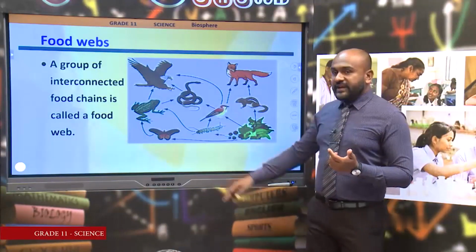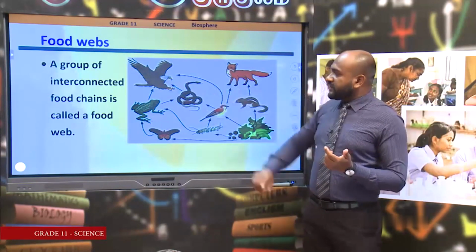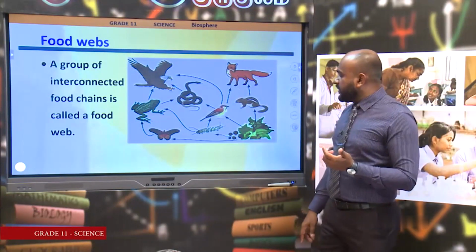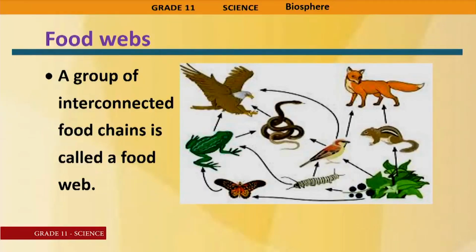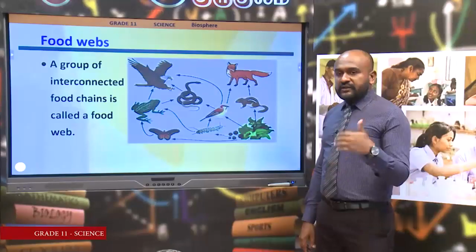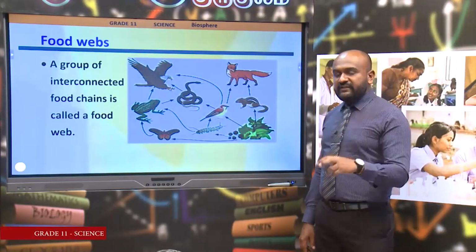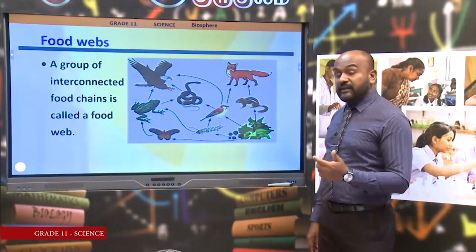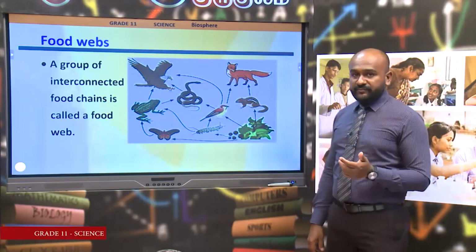So, now let us see what this food web is about. As I told you, a group of interconnected food chains is called a food web. Look at the food web on the screen. You can see there is a plant already, a food chain should start with a plant or a producer. It can be a plant product also, it can be a seed, or nectar, or a dry leaf, or a yam, or any plant product, or it can be a plant also.